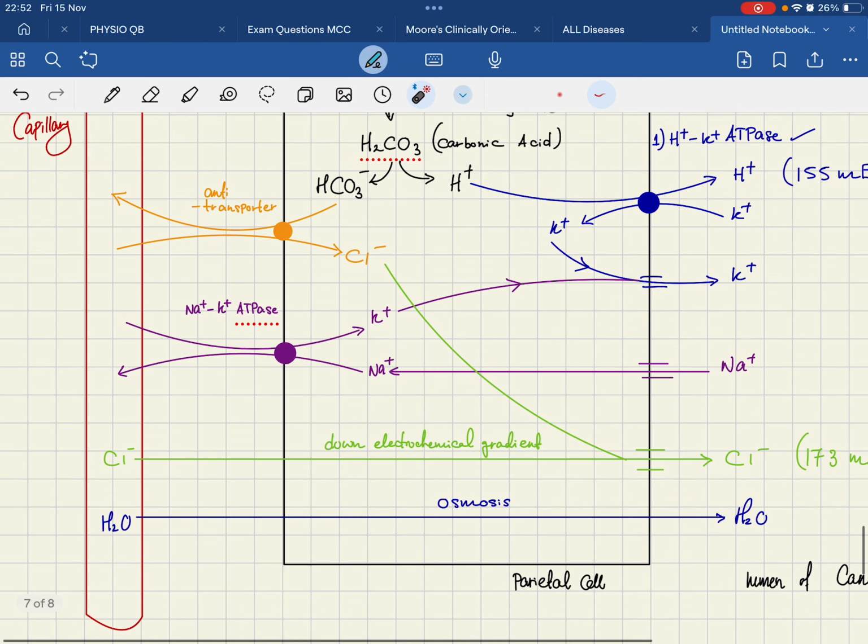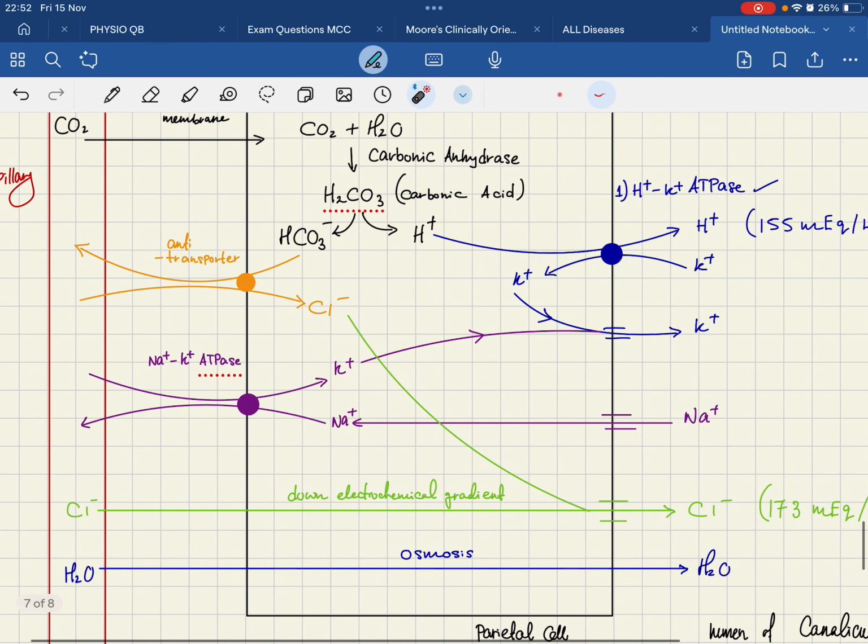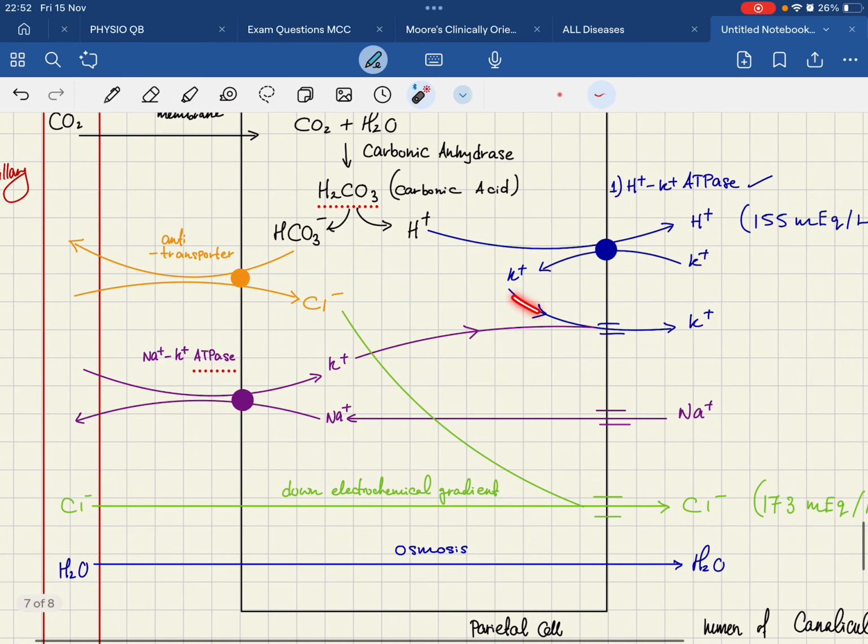And then, as you can see, there's efflux of potassium, and hence there will be influx of sodium in order to maintain a balanced electrical charge.